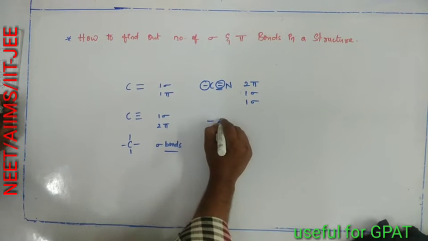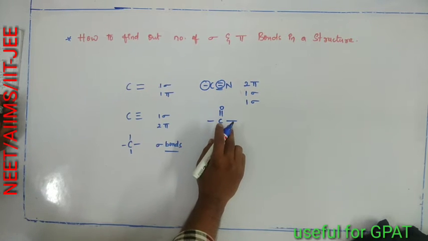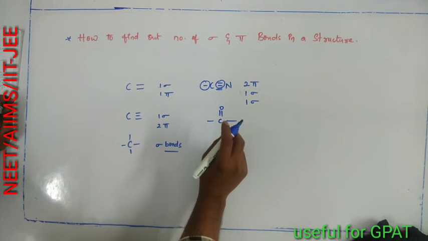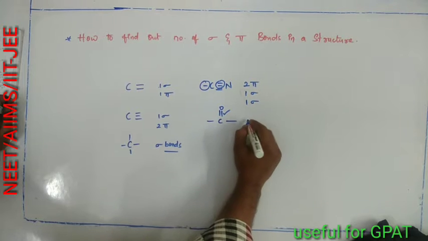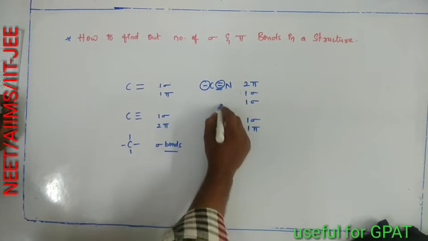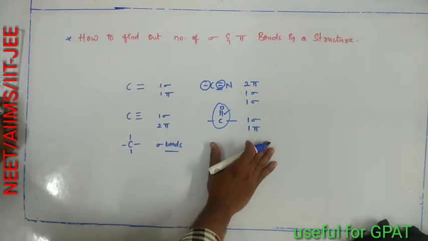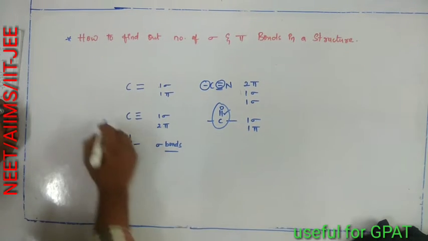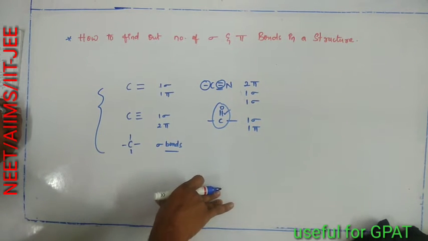And in the carbonyl group, whenever carbon has a double bond, what you need to remember is that one is a sigma bond and the remaining one is a pi bond. So keep these things in mind, and you can easily answer questions regarding the number of sigma and pi bonds in a structure.